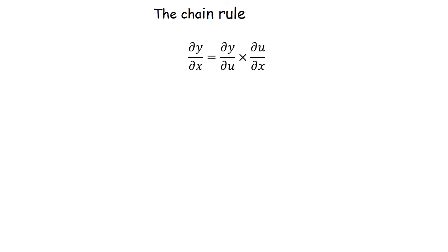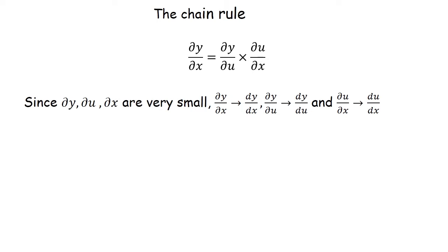So with the chain rule we say dy/dx, which is the smaller change in y over smaller change in x, is equal to smaller change in y over smaller change in u times the smaller change in u over the change in x.